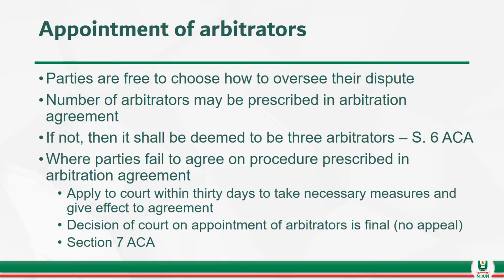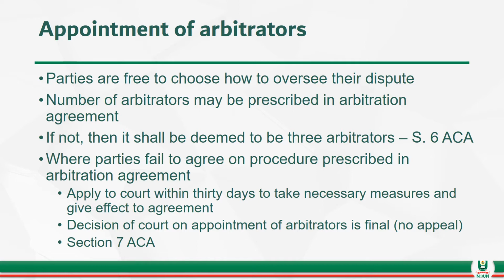Whatever number of arbitrators they agreed will be stated in the arbitration clause, and that is what will be followed. However, if the arbitration clause is silent on the number of arbitrators, Section 6 of the Arbitration and Conciliation Act prescribes that it will be deemed that 3 arbitrators should be appointed.